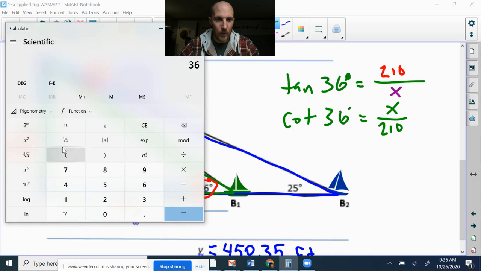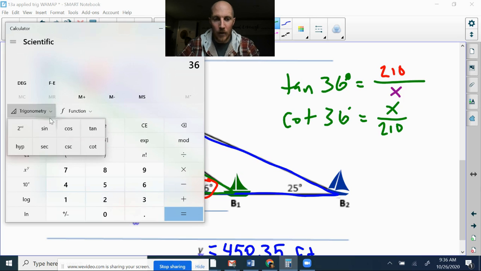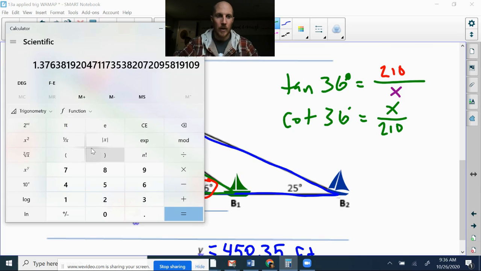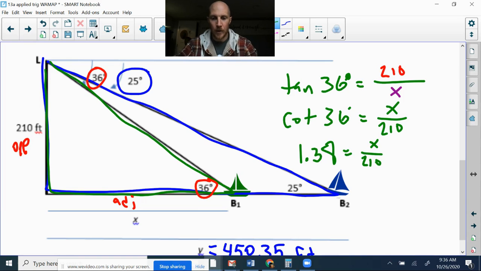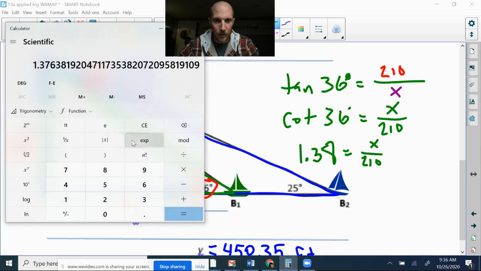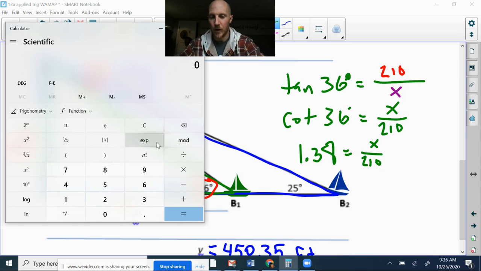Okay, so 36. Just so we have the answer and we know what we're aiming for and we're not going to get confused, I'm going to hit cotangent on my calculator. So 1.38. Okay, and then let's repeat this process so you can see what this looks like if you do not have a cotangent button, as I'm sure most of you probably don't.